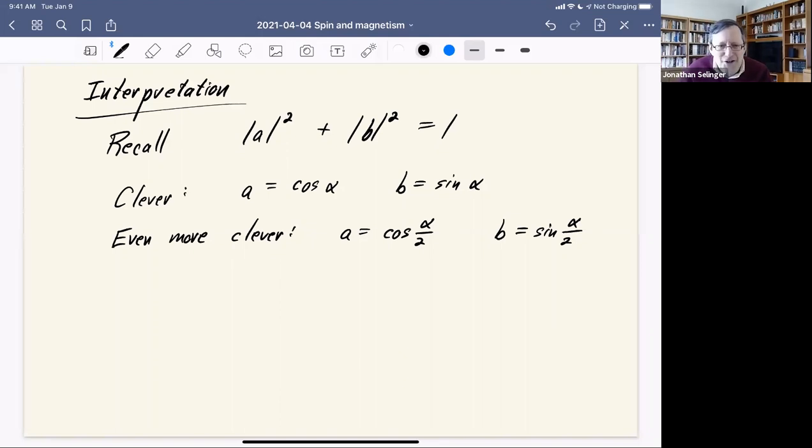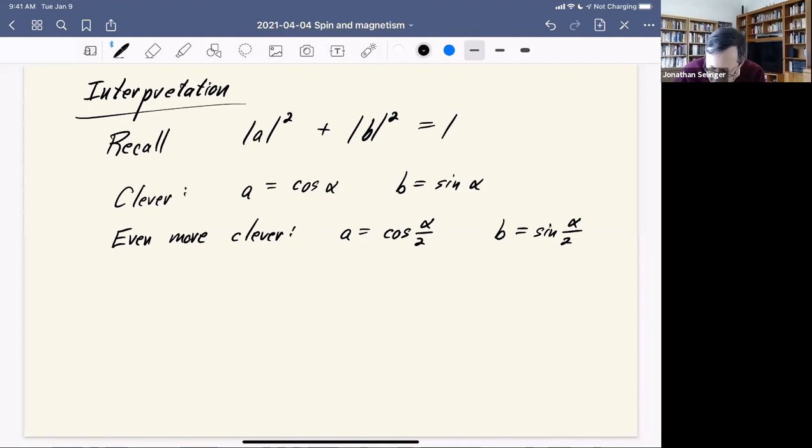Why alpha over 2? Well, you'll see in a minute. So suppose you put in these assumptions for A and B, and now let's put these into the expectation values that we figured out.